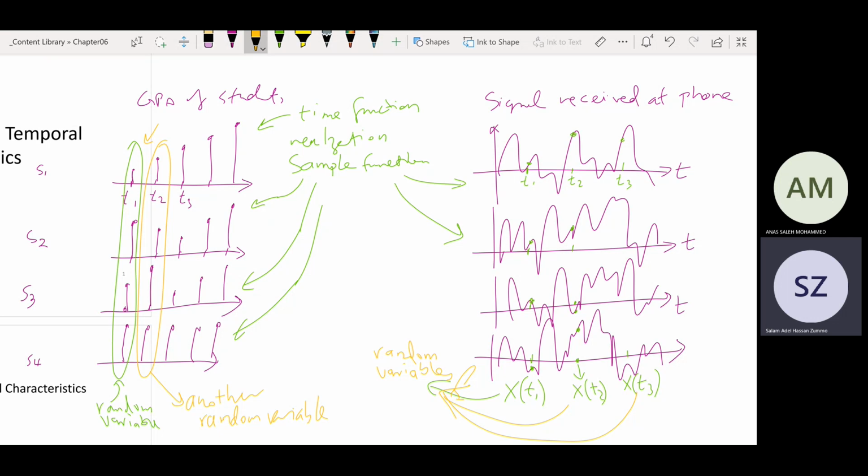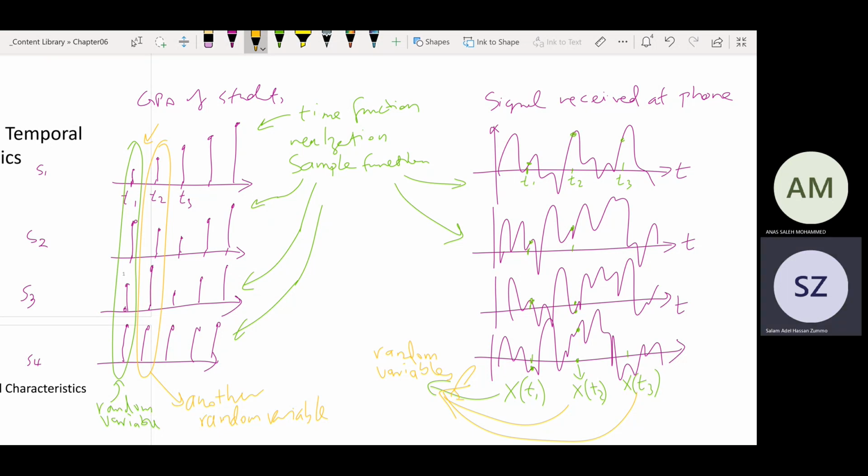And the rest of this chapter is about how to describe this random process. Simply, in order to understand how this random process behaves, we need to understand the relationship between every collection of these random variables. We talked about two random variables in chapter 5. Here we'll talk about many random variables.